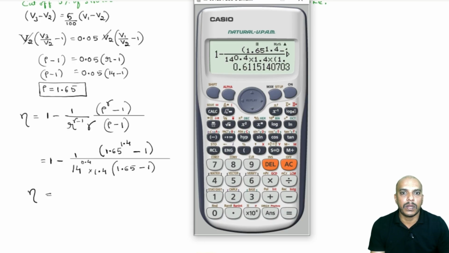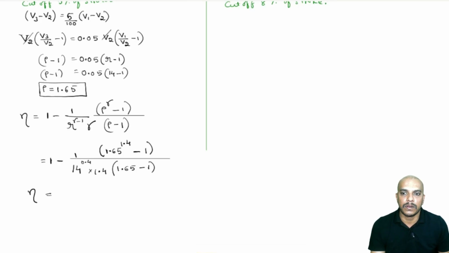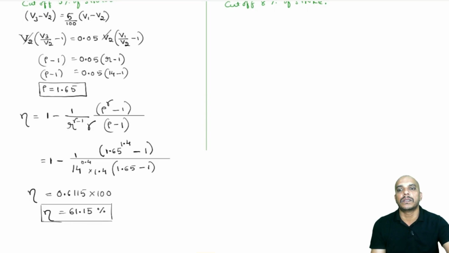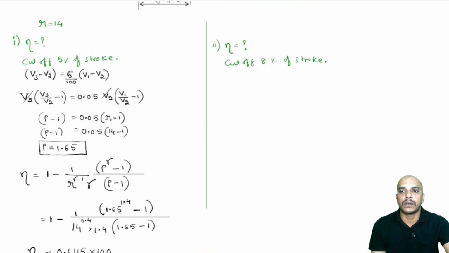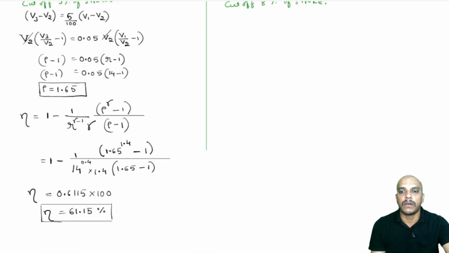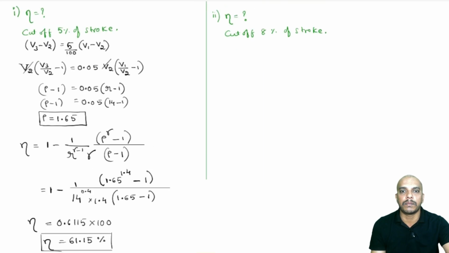So, that will be 0.6115, which has to be multiplied with 100. So, we are talking about percentage. So, 61.15 percent. So, efficiency for cutoff of 5% of the expansion stroke, where you are supplying the fuel, we will have efficiency of 61.15%.